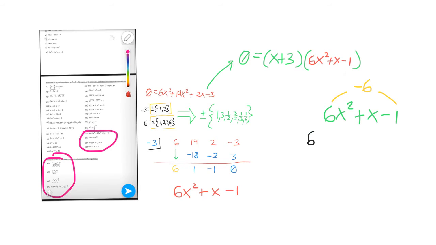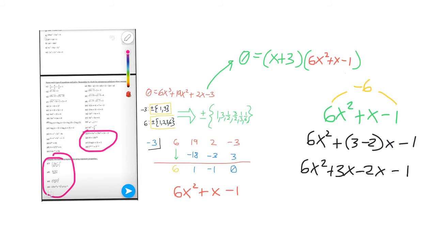That's going to be 6x squared plus, remember, the negative 1, that's going to be 3 minus 2, right? And then once again I'm going to distribute that, and then I end up with 6x squared plus 3x minus 2x minus 1.